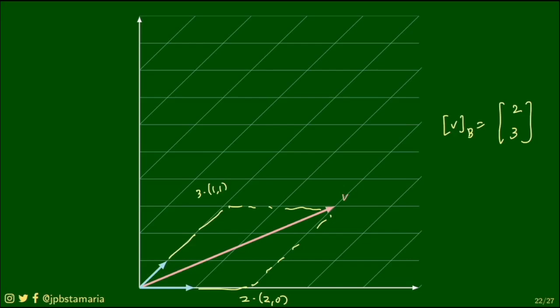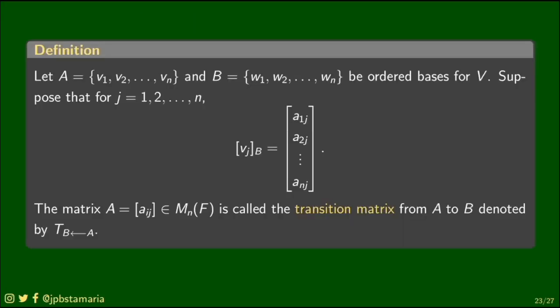Is that possible? Well, we have to use the following idea. Let's say you have two ordered bases for V. Both of them have n elements, so V is n-dimensional in this case. Let's say A has the V's, B has the W's.